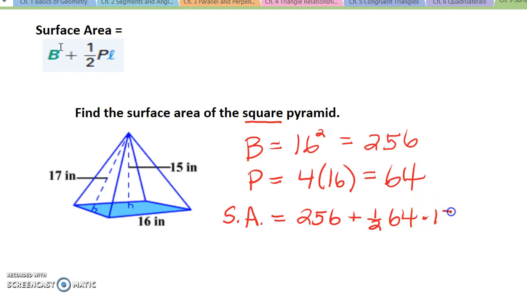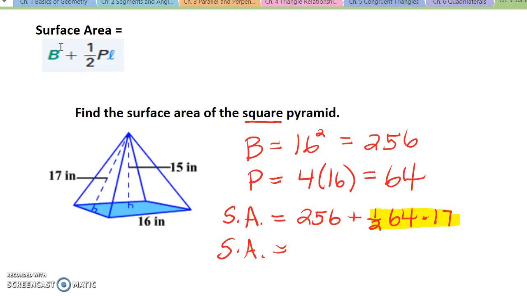And at this point, you can just put all this information in your graphing calculator because it knows order of operations. If you're not using a graphing calculator, you'd probably want to compute this first and then add 256. 256 plus, I'm going to type in 0.5 in my calculator.